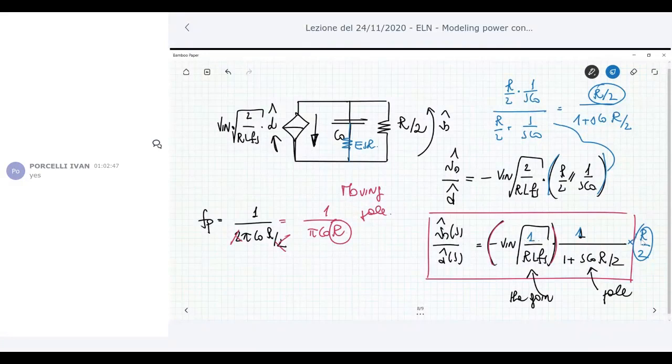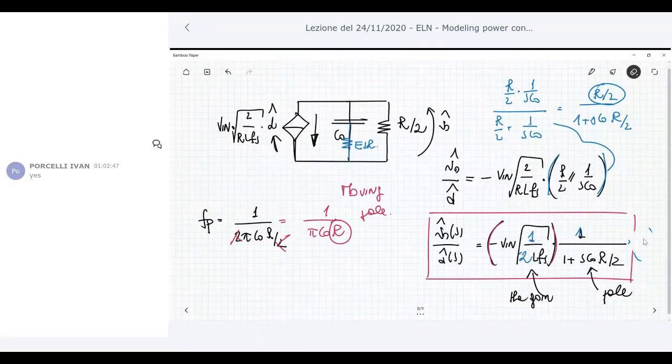This is what here, then you get R inside, so this is R here. I think this is correct, 1 over 2 LFS without this one.